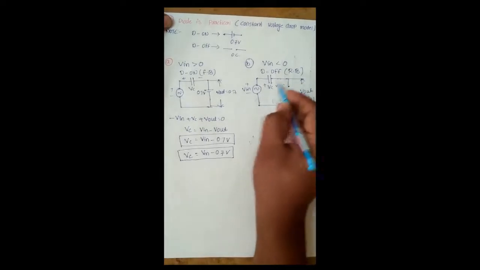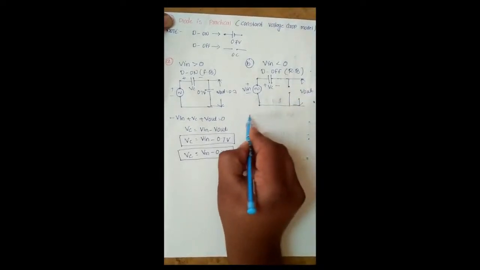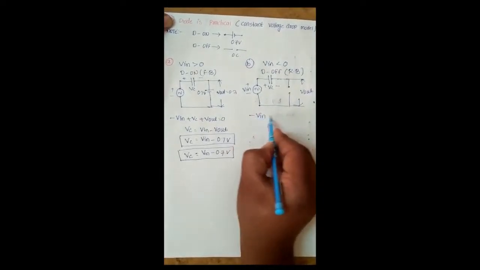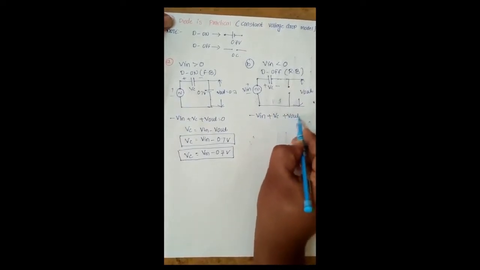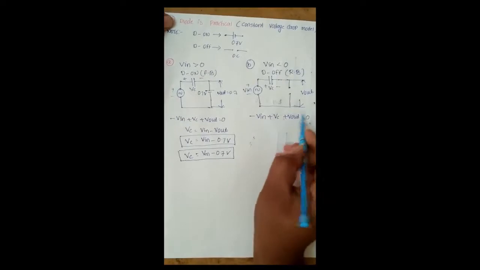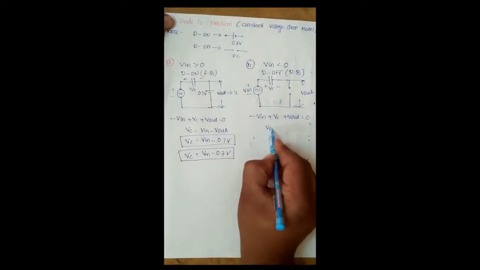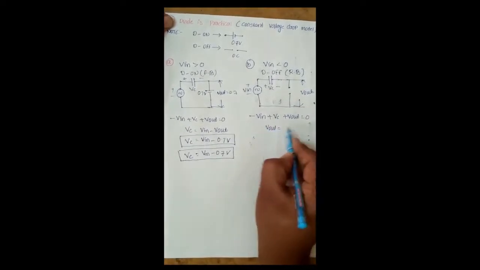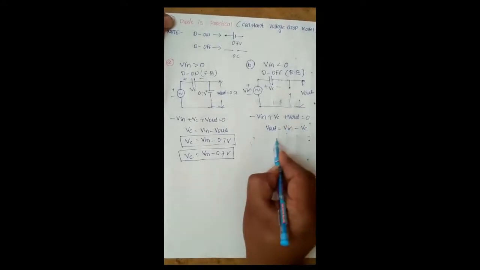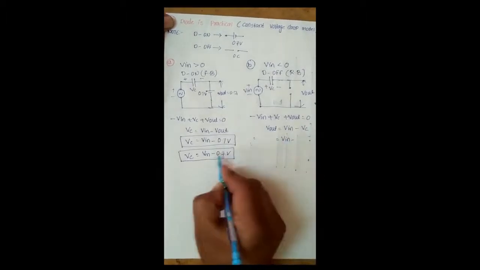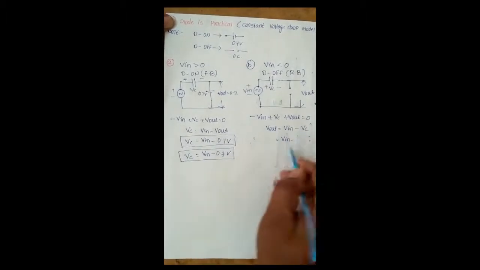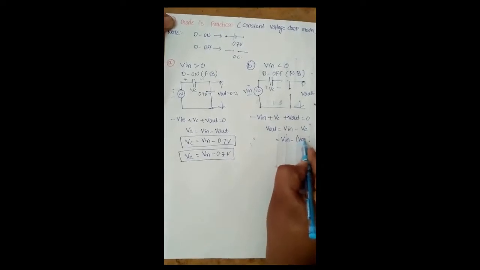Now we estimate the voltage at this output terminal. Applying KVL in this loop, we get minus Vin plus Vc plus Vout equal to 0 volts. So the output voltage Vout equals Vin minus Vc, and we already found Vc equals Vm minus 0.7 volts.